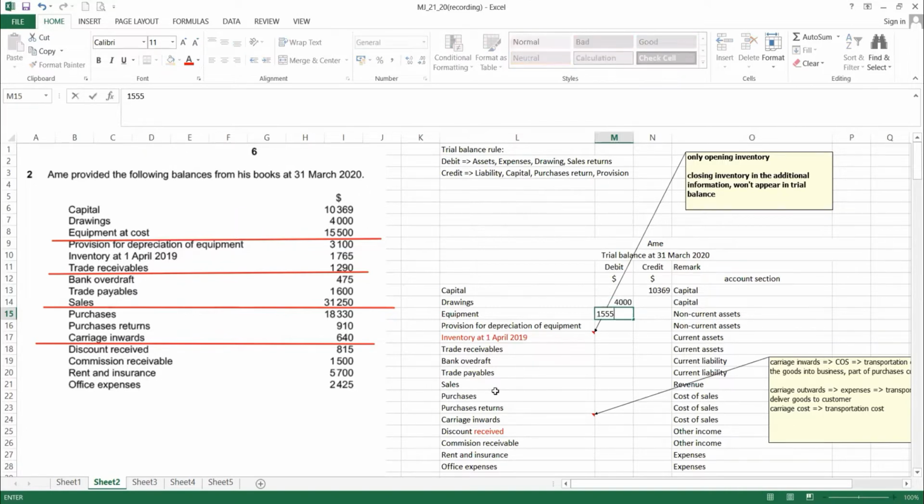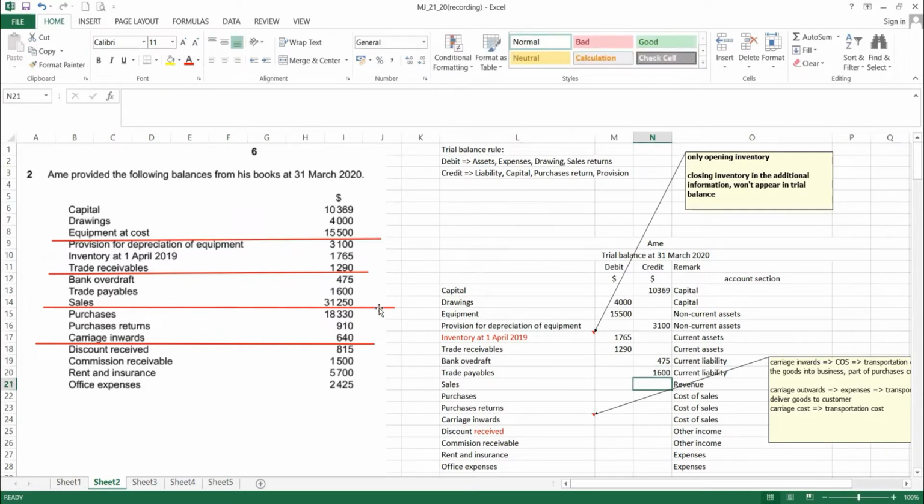Okay, next, drawing. Drawing, even though it's capital, reduces the capital amount, so it's in the debit side. Equipment, 15,500. Provision, 3100. Inventory, 1765. Okay, trade receivable, 1290, because all defined already, easier for us. Next, bank overdraft, 475. And then trade payable, 1600.